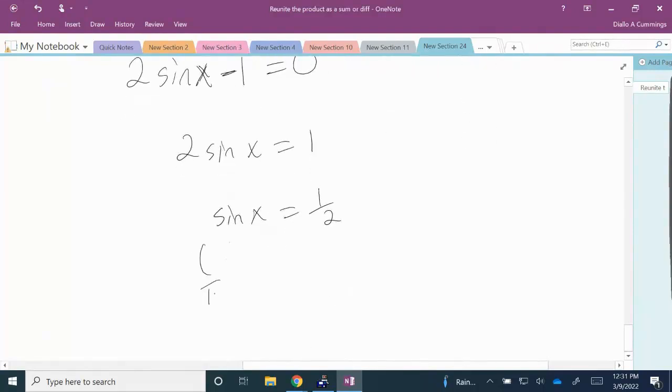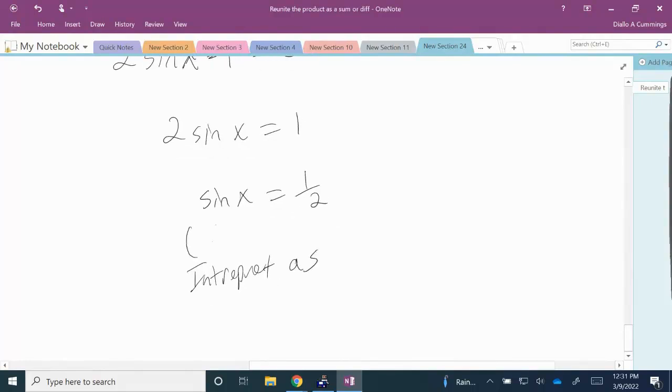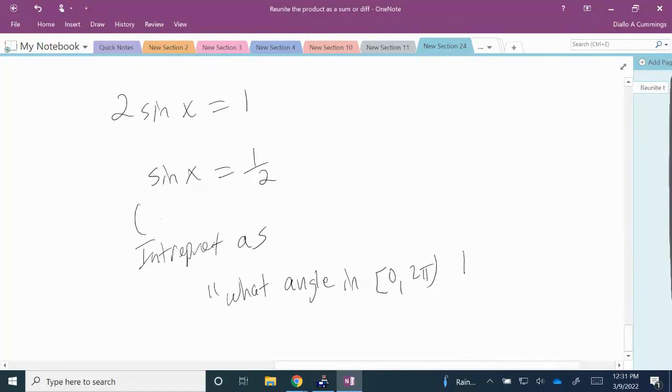Well, we're going to interpret this as: what angle in the interval from 0 to 2 pi has a sine, or y value, right? Remember, the sine is the y value, of 1/2.